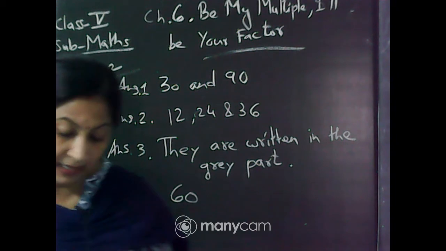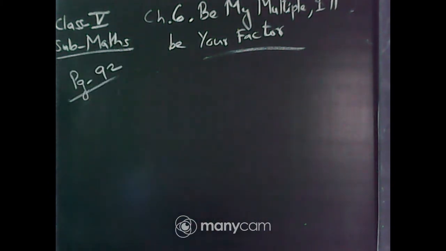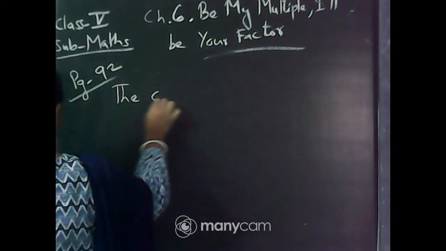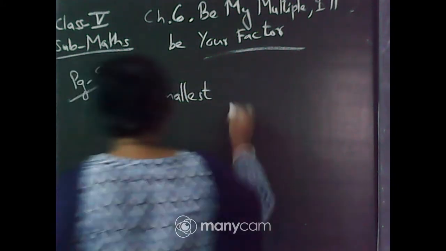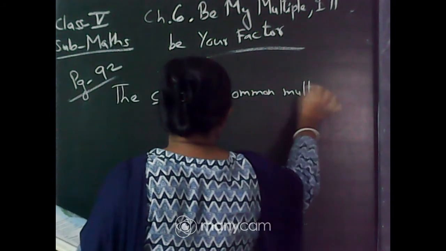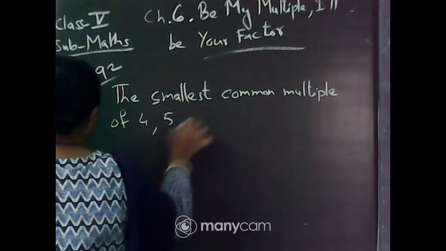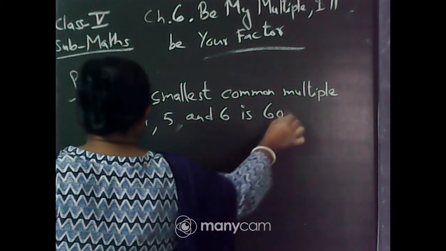So just write the answer in the book only. The smallest common multiple of 4, 5 and 6 is 60.